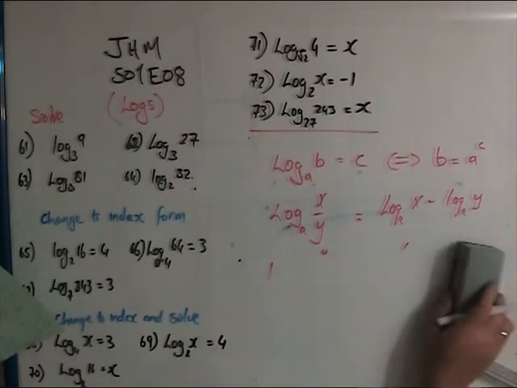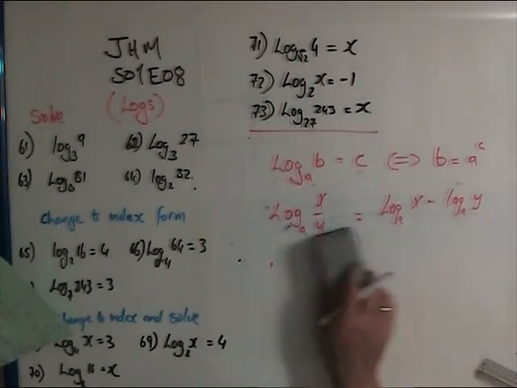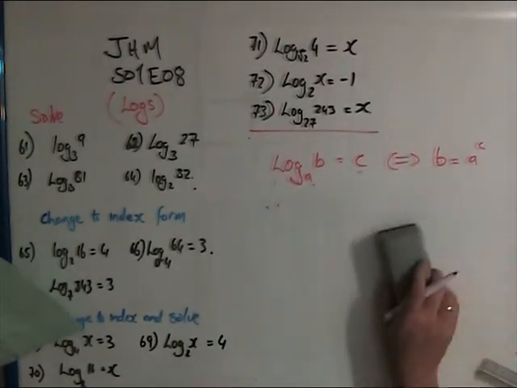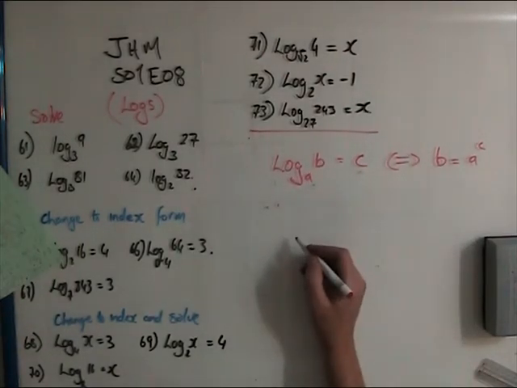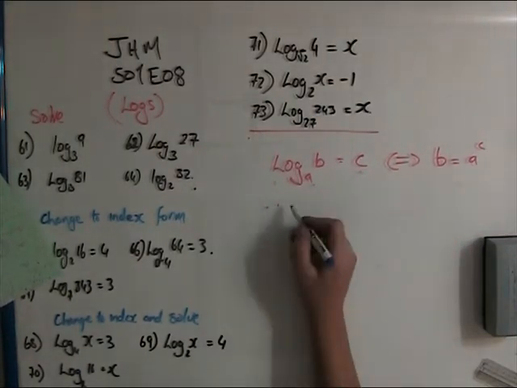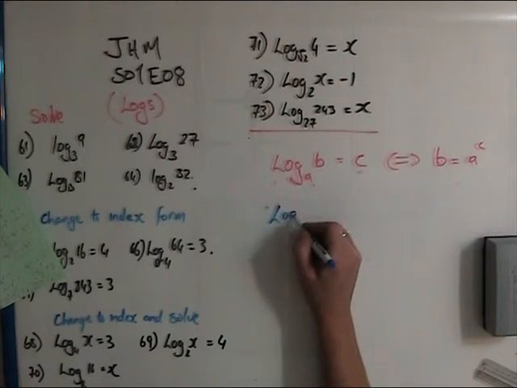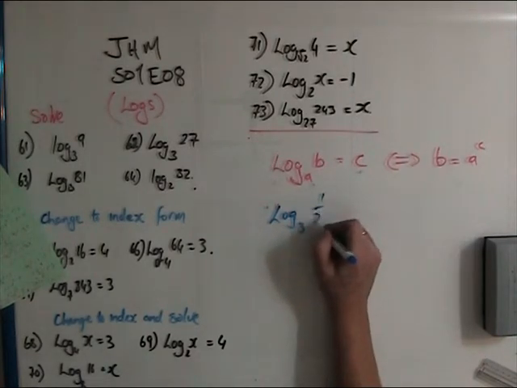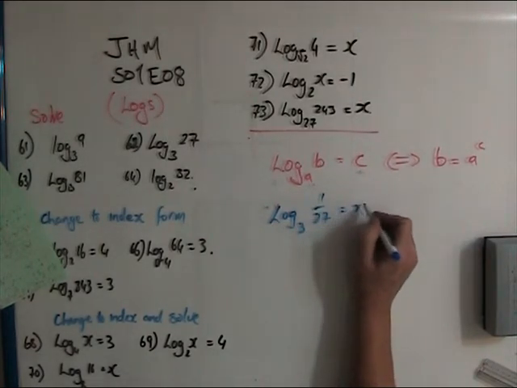Right, we'll do a few questions. You can freeze these and take these down. So I'm looking at a question here. Log of 1 over 27 is equal to x.